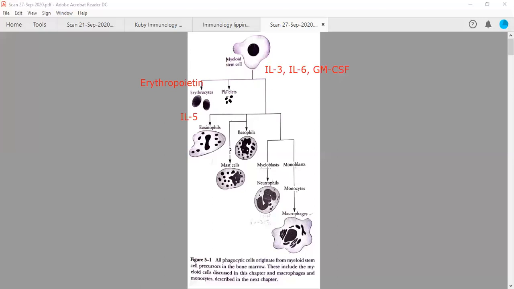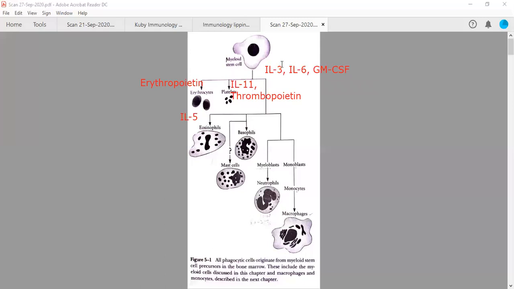If interleukin 11 is there, along with another hormone called thrombopoietin, it will lead to the synthesis of platelets, right?